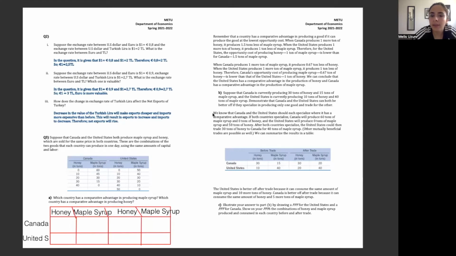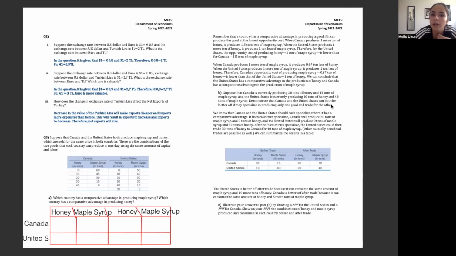So let's look at option B. It says, suppose that Canada is currently producing 30 tons of honey and 15 tons of maple syrup, and the United States is currently producing 10 tons of honey and 40 tons of maple syrup. Demonstrate that Canada and the United States can both be better off if they specialize in producing only one good and trade for the other.